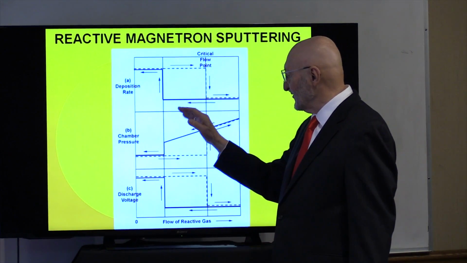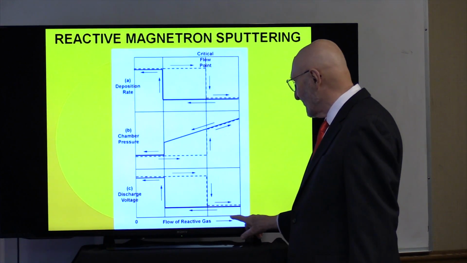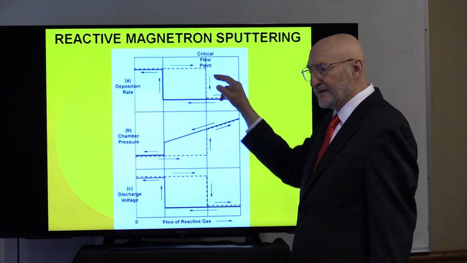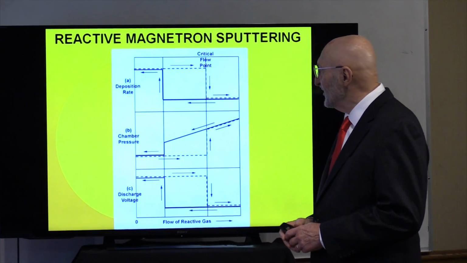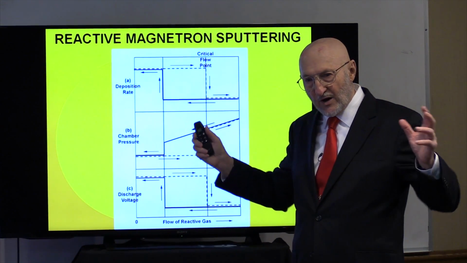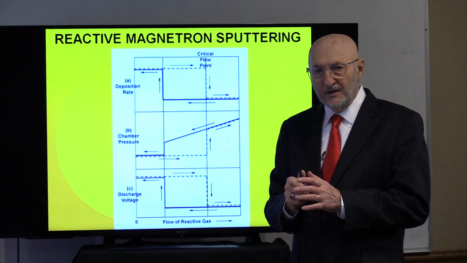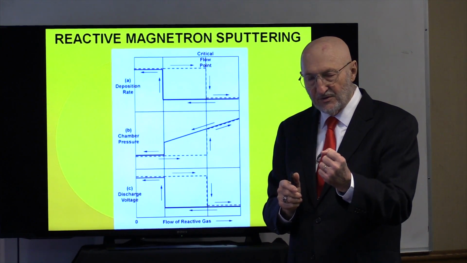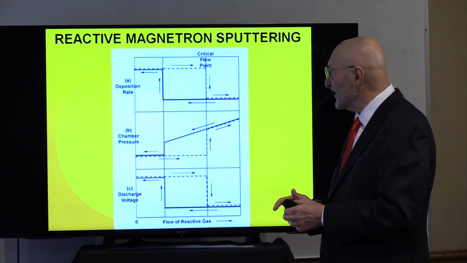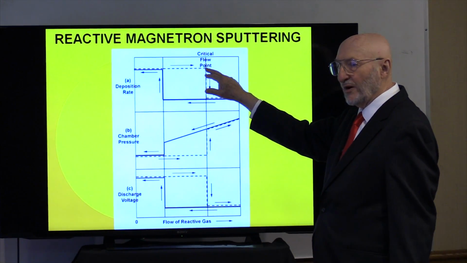So if I start sputtering the metal and introduce more and more gas flow, I will continue to sputter at this metallic rate up to a point, because all of the oxygen is grabbed by aluminum molecules. So it's gettering. It's grabbing, like titanium will getter oxygen and aluminum will getter oxygen. So it can take all the oxygen it gets up to this point.